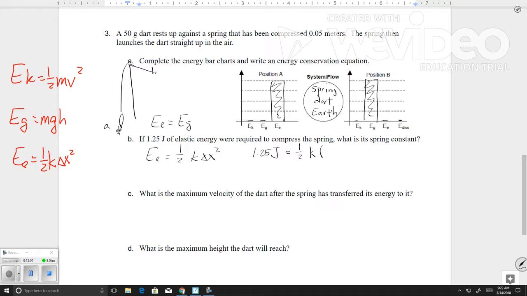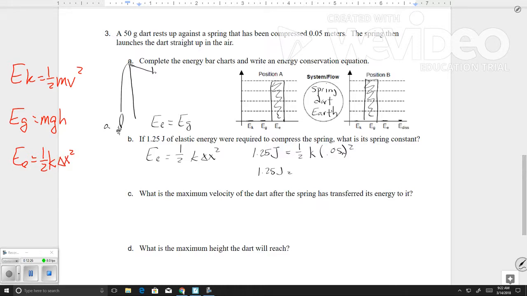And we've compressed it 0.05 meters, and we have to square that. Okay, and so we can simplify that a little bit. So 1.25 joules, 0.05 squared is 0.0025.